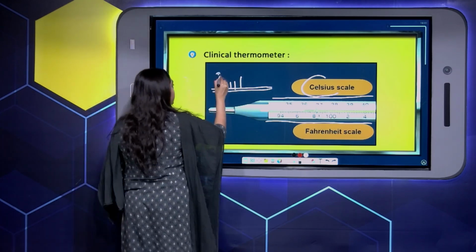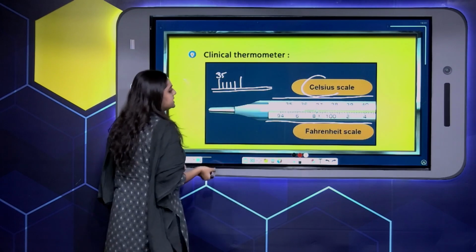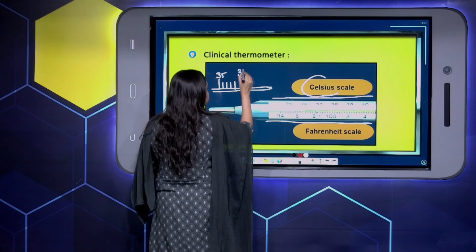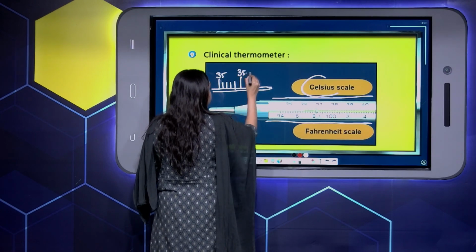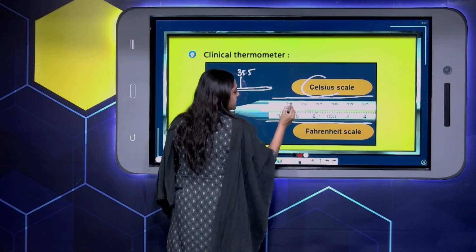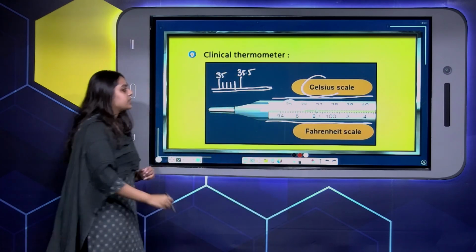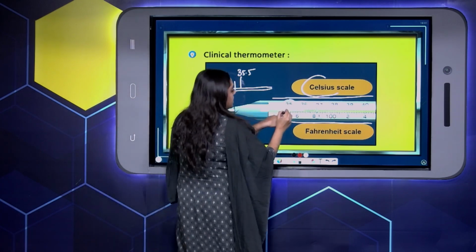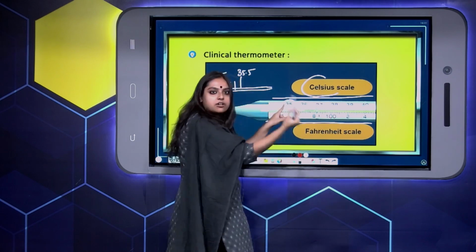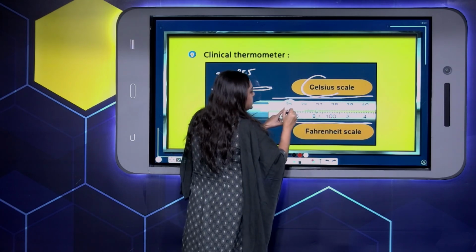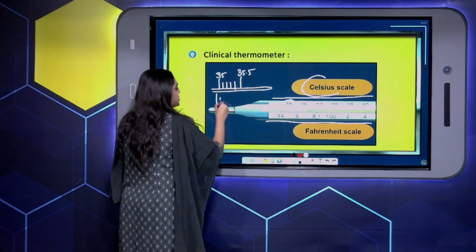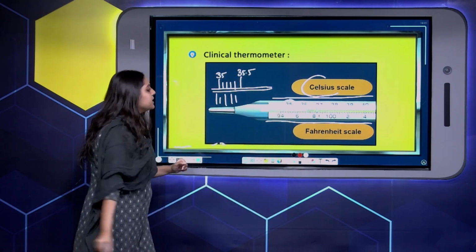Now, if this is 35, you will find that this is 35.5 and this is 36. So, if we want to get 1 degree more, we need to travel 10 calibrations, right?